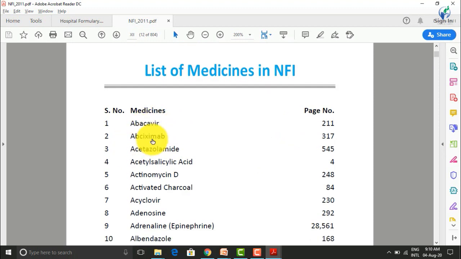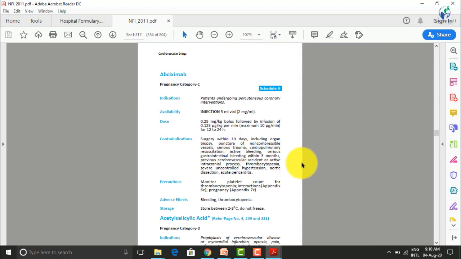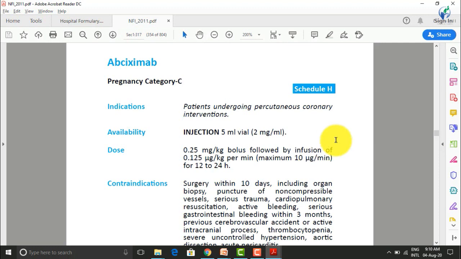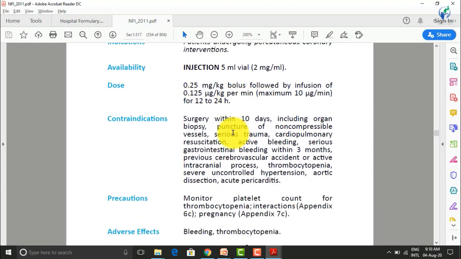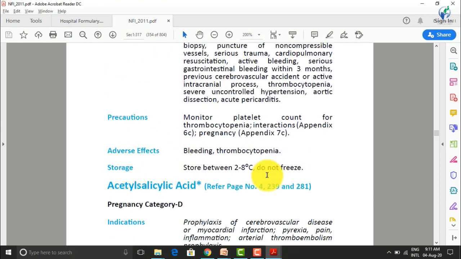See over here, we will see one example: alphabetical, and the page number is also given. We will see one example, AB61. Directly it will reflect the particular page. See, they have provided information regarding indication, availability, dose, contraindication, precaution, adverse effect and storage.